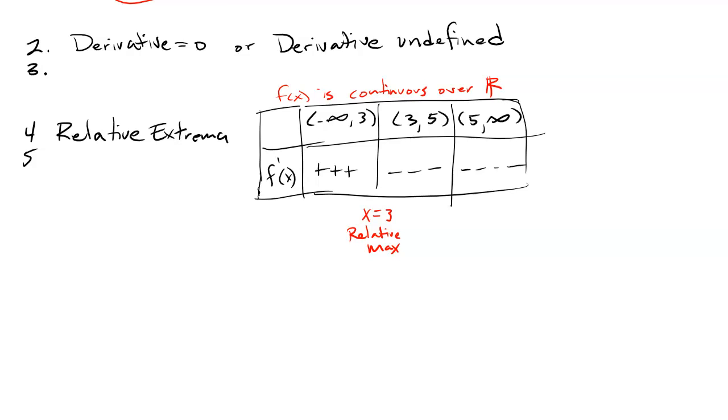Yeah, that's all right, Jackson. Perfect. Yeah, we don't know anything about it. We just know that it is not a relative max or min. Excellent. Because it goes decreasing, flattens, decreasing. Okay, good.